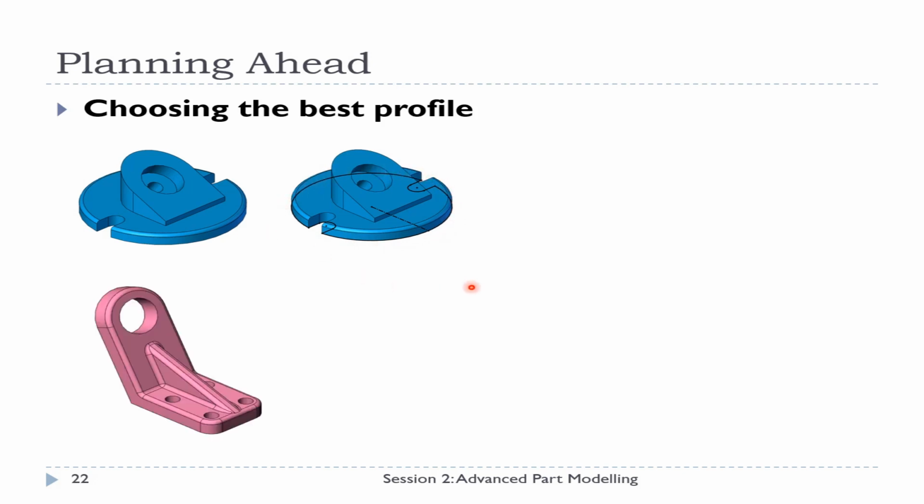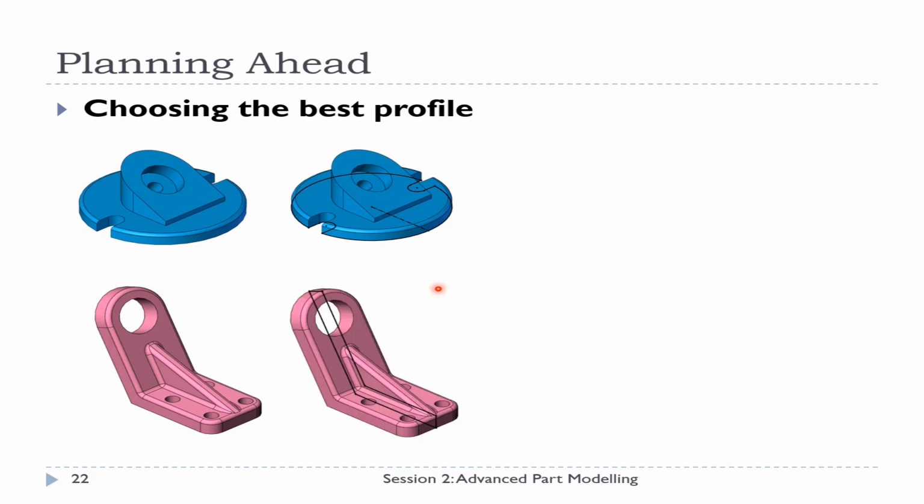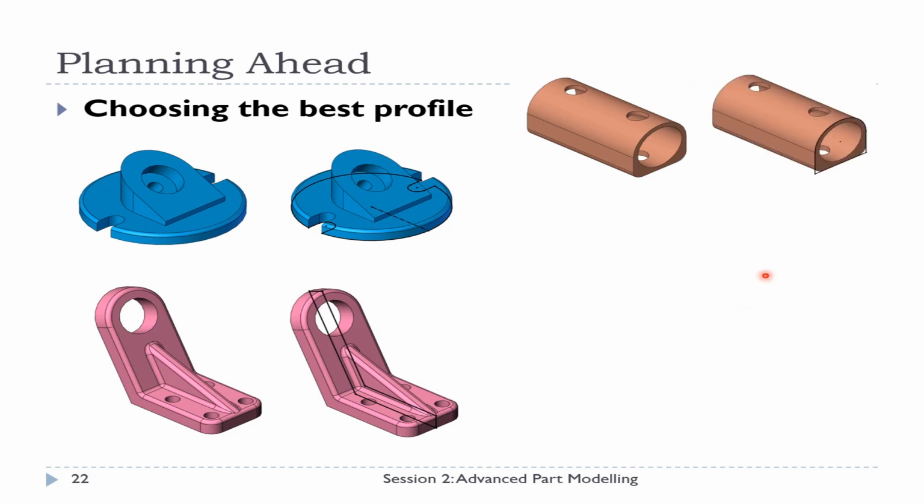So let's have a look at another example. So here we have a slightly different shape. So the side view would be the best outline of the first sketch. Here is another example. So in this case, we can select this front profile as our best profile.